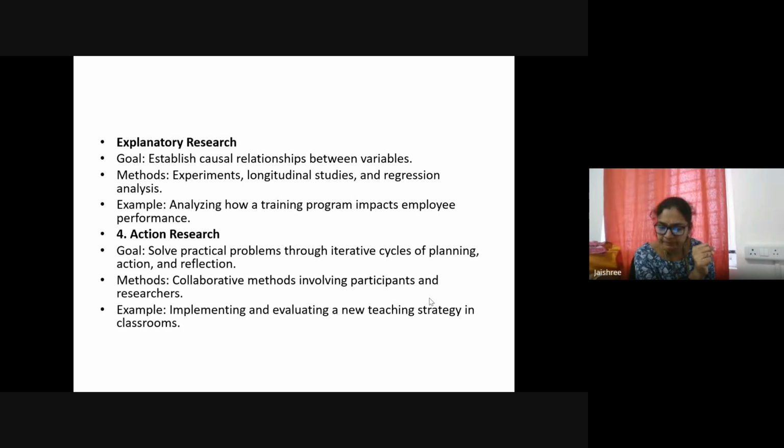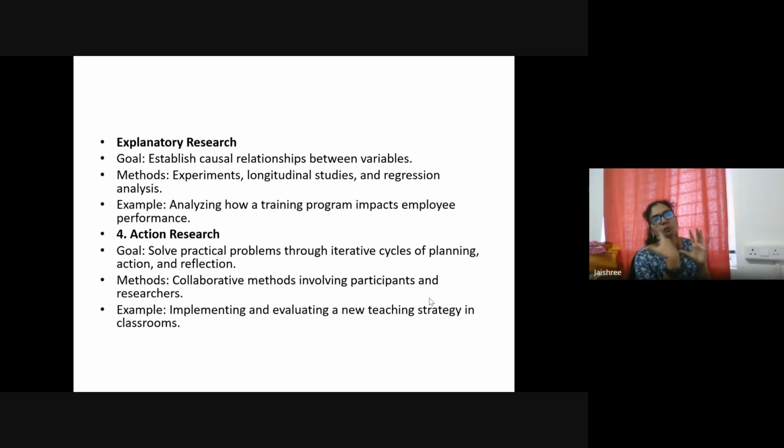For example, examining the relationship between screen time and academic performance. Screen time is one separate domain. Your academic performance, how you're performing in your college or school, being a faculty, that's a different domain. I'm relating these two.